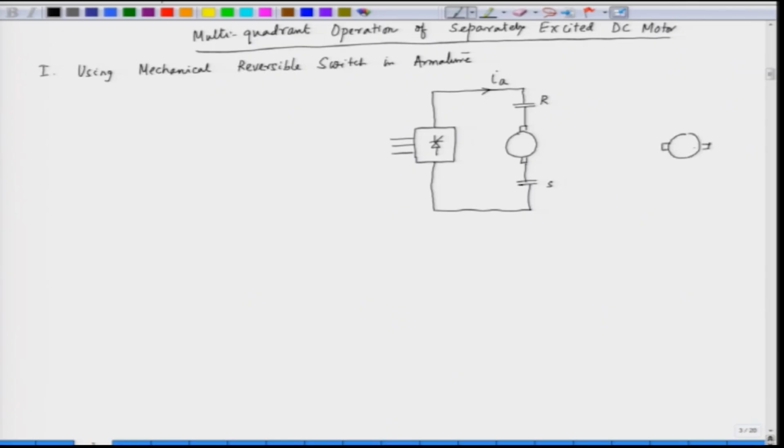The reversible switch means we have 4 switches here. One pair of switches connects like this; this is called the forward switch, and the other pair of switches will connect the armature in the other direction.